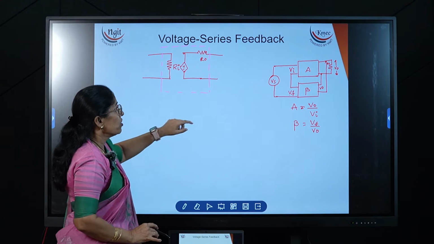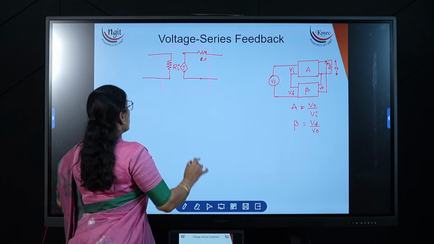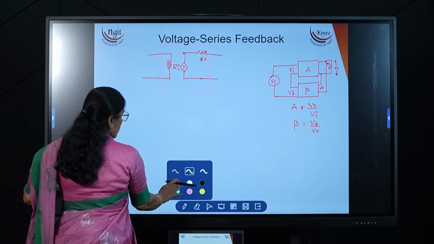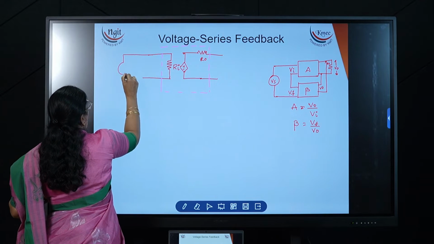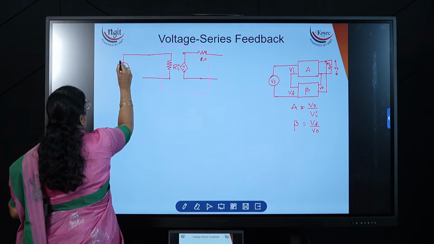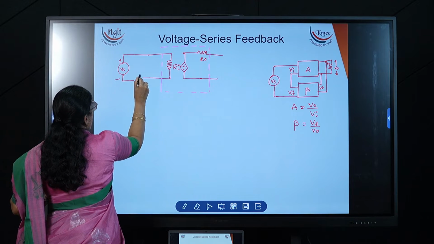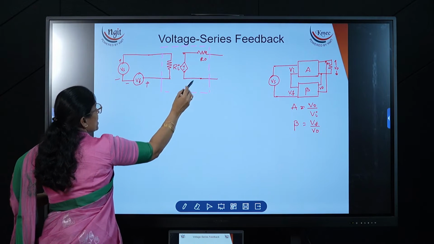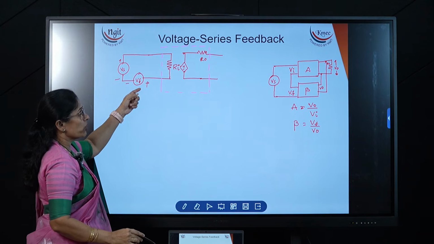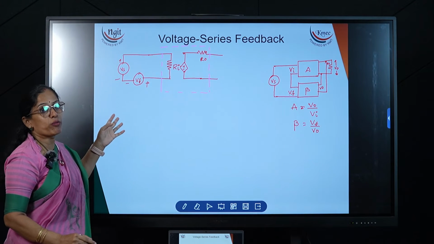Now at the input side we have to connect Vs. Here I am taking the feedback voltage with minus and plus polarity, because this is negative feedback. Whatever feedback we give is subtracted from the source.